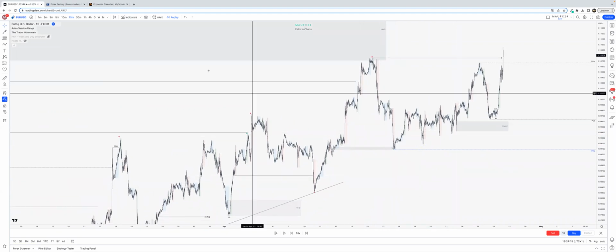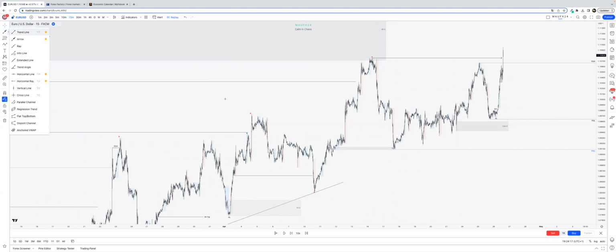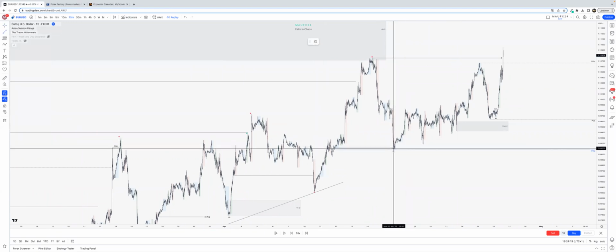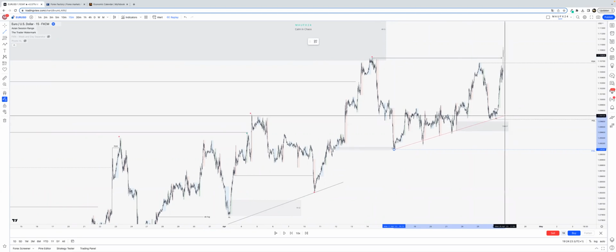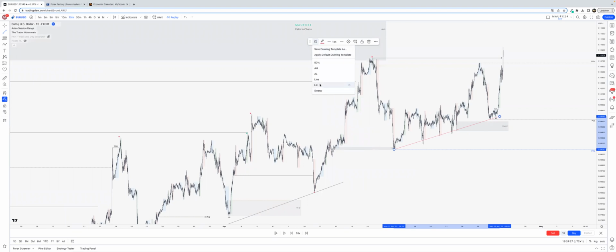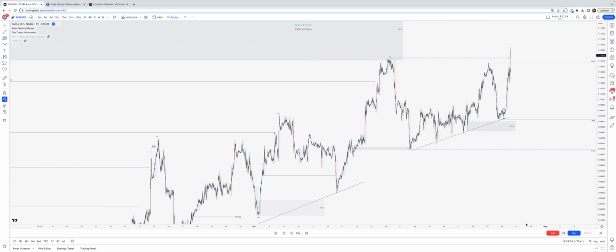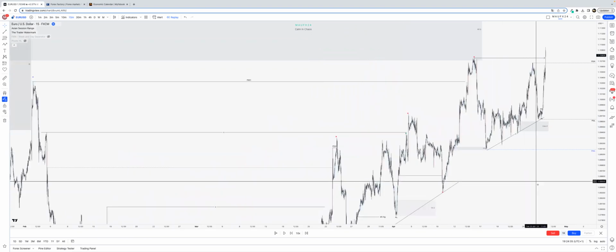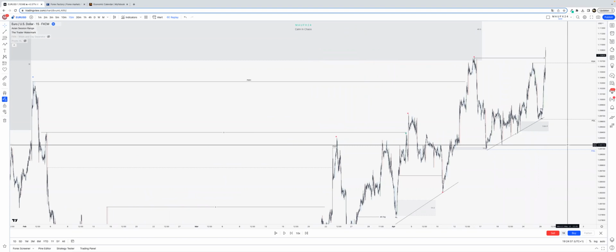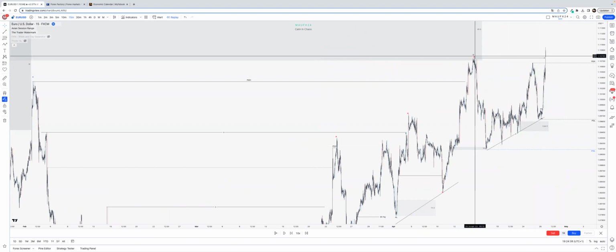Yeah, the best way to mark this out now is just from that low, like this. So we got this liquidity to the downside now. I think this will be taken out. This will be a liquidity grab.